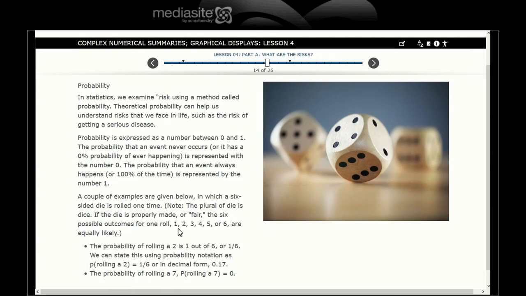Okay, now statistics. We talk about probabilities, probably something happening. And really the simplest explanation of simple probability is it's just a fraction.